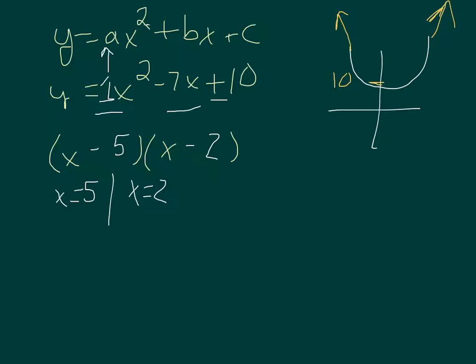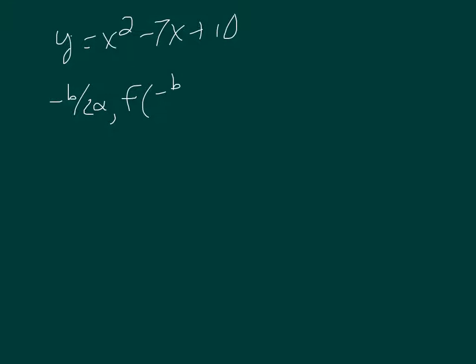Now, don't get confused between the root or the solution to the equation and the optimal value. So I'm going to rewrite this: y is equal to x squared minus 7x plus 10. The optimal value for this is going to be at negative b over 2a, and the value of the function at negative b over 2a.